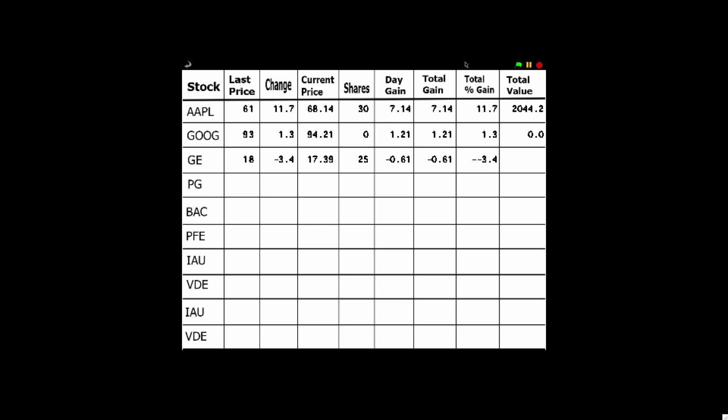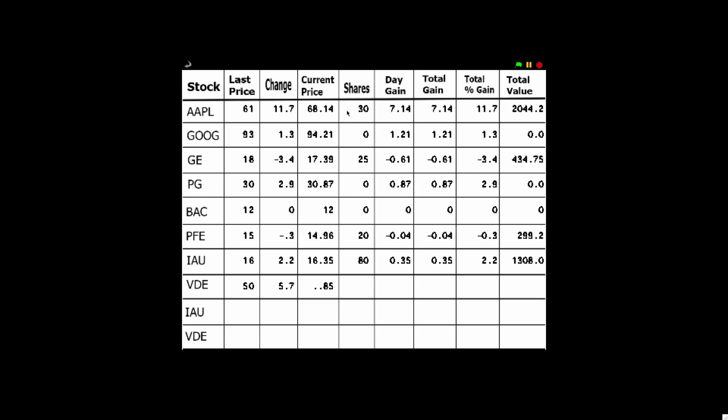This gives you the last price, which was yesterday's price, the percent change, the current price, the number of shares you have, the day gain, how much the stock gained in a day in money, and then the total gain and the total percent gain. Apple was a good investment. GE wasn't as much. We lost money on that one. We also lost money on Pfizer.